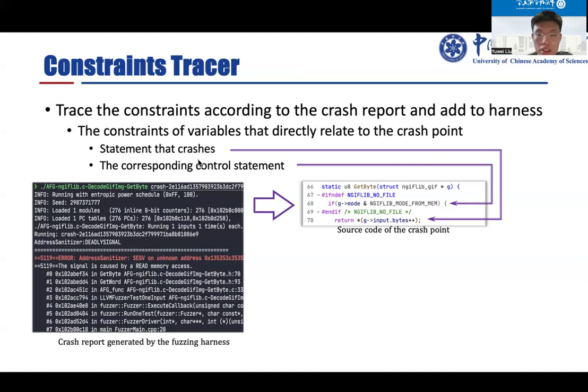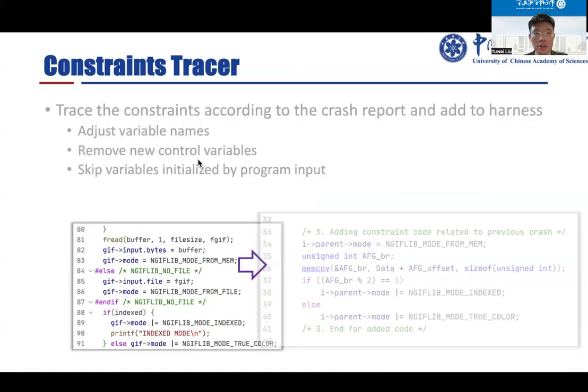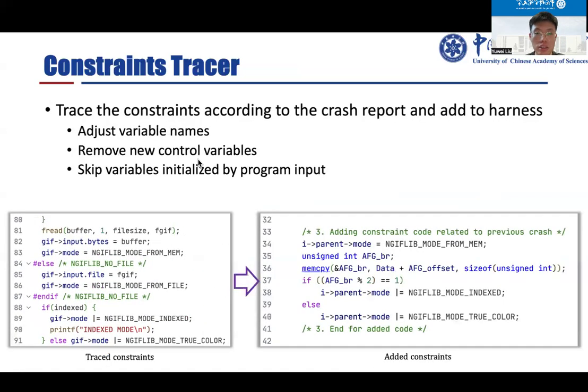AFGEN locates the definitions of the given variables, applies data flow and control flow analysis for the variables, and records assignment statements and the control flow dependency variables as the constraints. The traced constraints cannot be directly added back to the fuzzing harness.